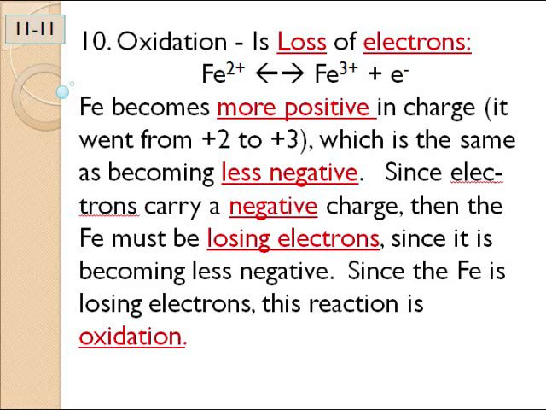So one more time, between oxidation and reduction, which one has the energy inside it that you can use? Reduction does. And which one doesn't have energy because it just gave it away? Oxidation.